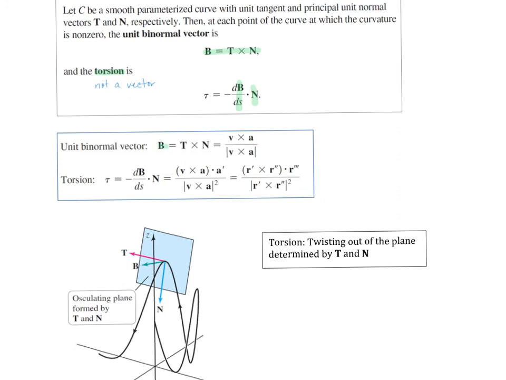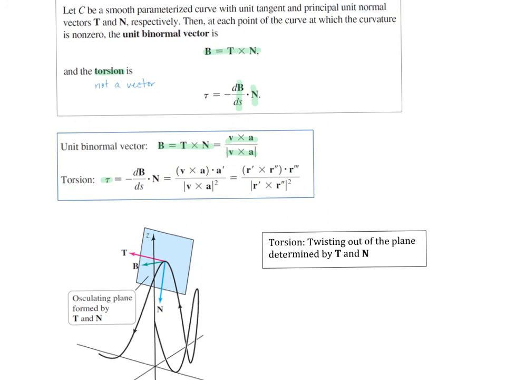The binormal vector, not an issue, but you can also look at it as a cross product of velocity and acceleration over its magnitude. Torsion, on the other hand, and we use this Greek letter tau for torsion.